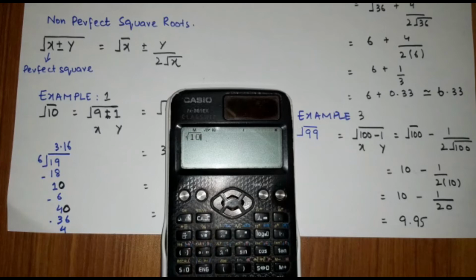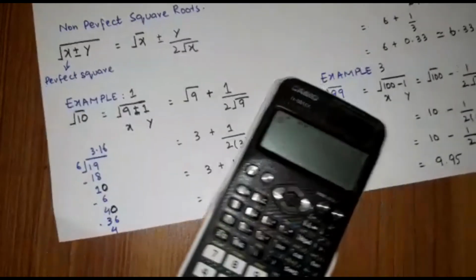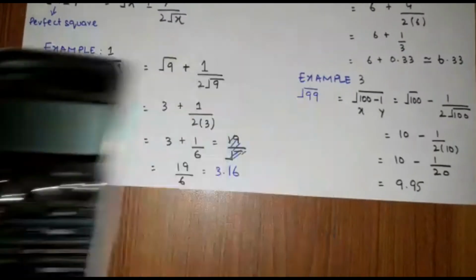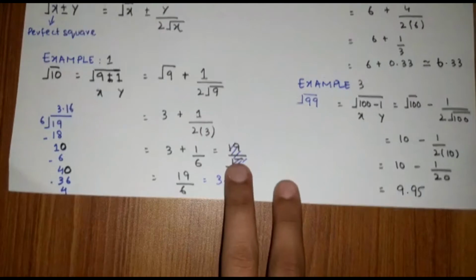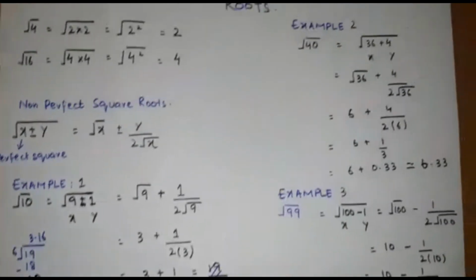So here I have put this in our calculator and you can see that the answer is 3.162. I have found the approximate answer, that is 3.16, and it is totally correct.